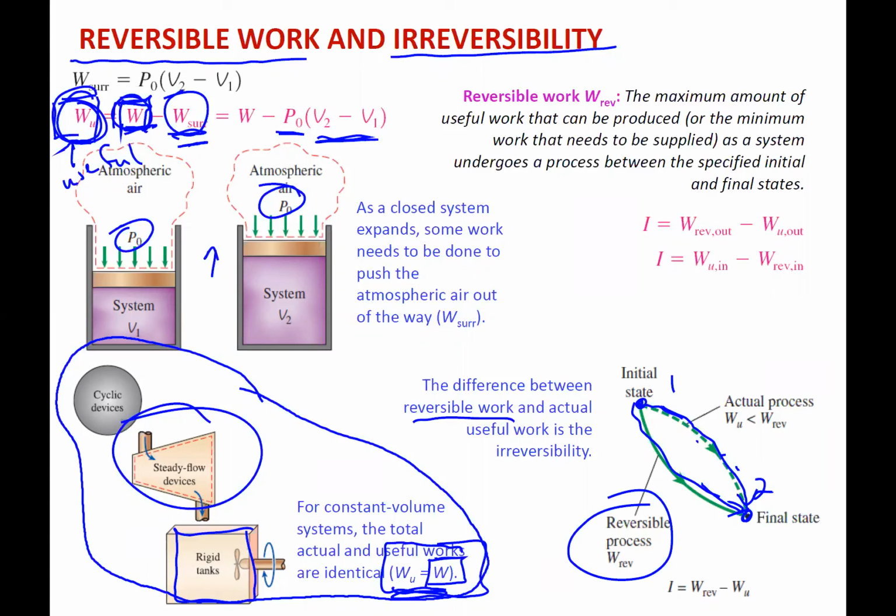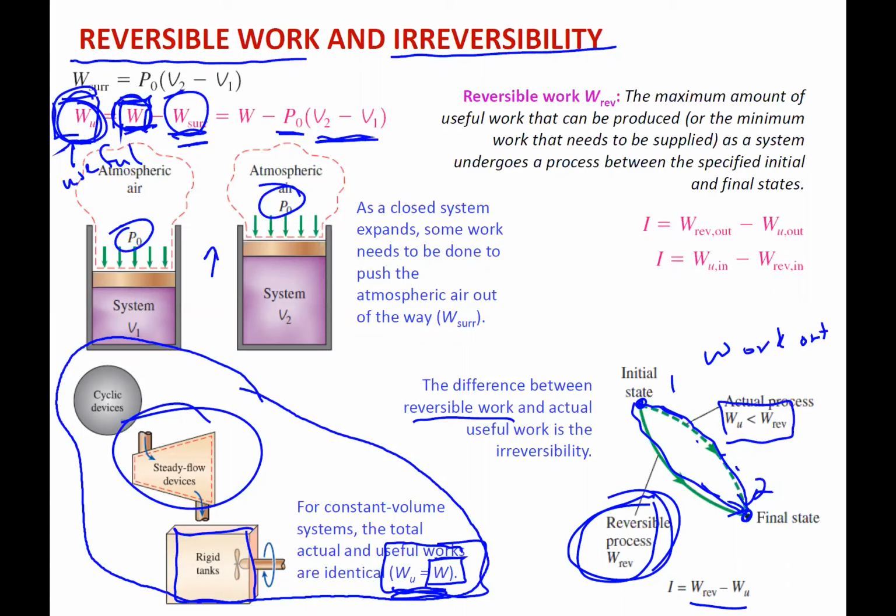It has dashes, but it's going to be less because in this case, we're doing work out, okay? So we're going to get more work out of the reversible process, okay? And the irreversibility is just going to be the reversible minus the useful, okay?